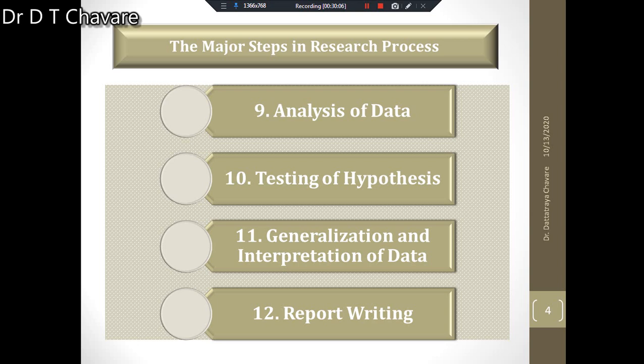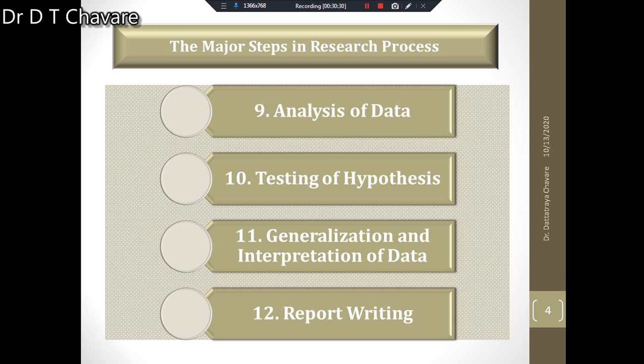For that purpose, diagrams, graphs and charts are essential, and with the help of all these, you can communicate information effectively. Okay? Then various constraints experienced in conducting the research may be mentioned.